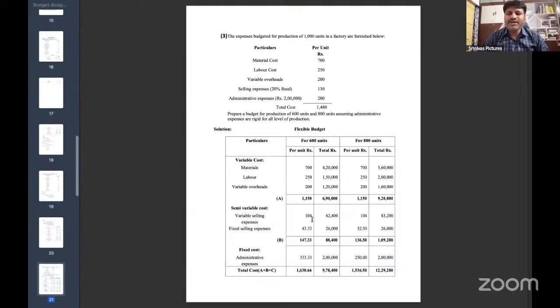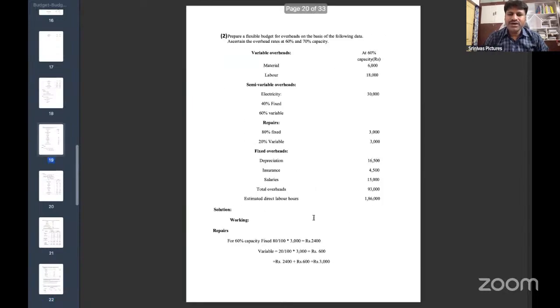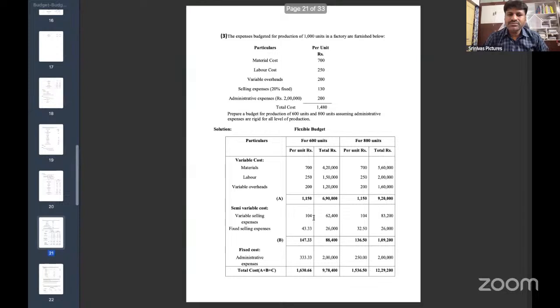And semi-variable cost. How we are going to take semi-variable cost? First, whatever semi-variable cost is there, only the selling expenses, 1,30,000 rupees is there. So out of 1,30,000 rupees, 20% only fixed.